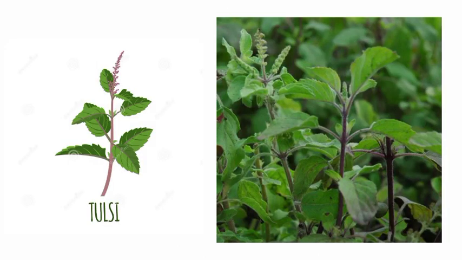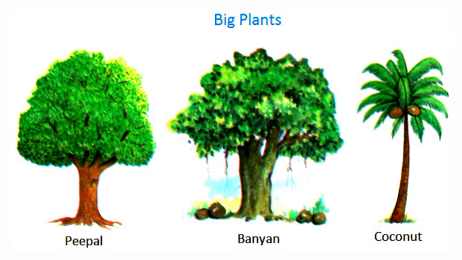Some plants like tulasi and pudina have small stems. They are very weak stems. And some plants like banyan tree, peepal tree, and coconut have big stems, and they are called trunks.